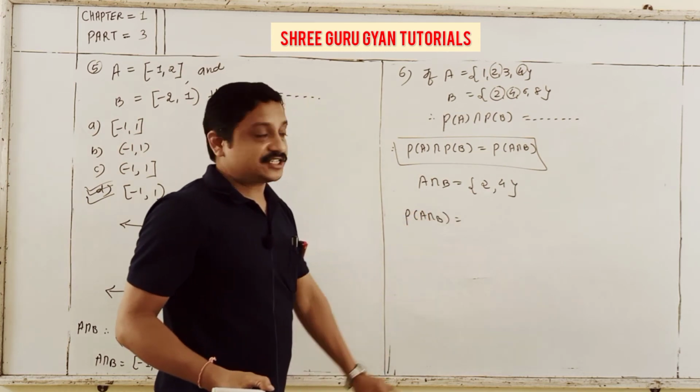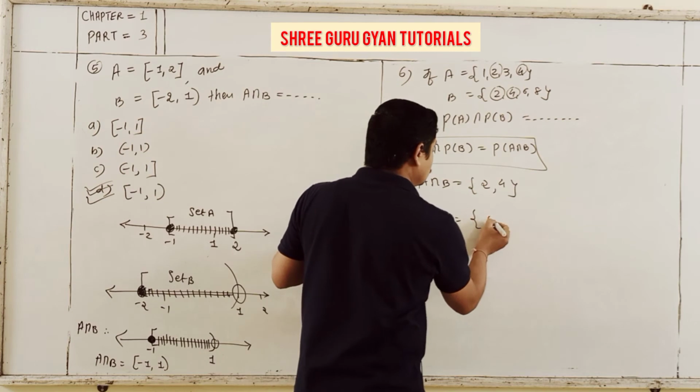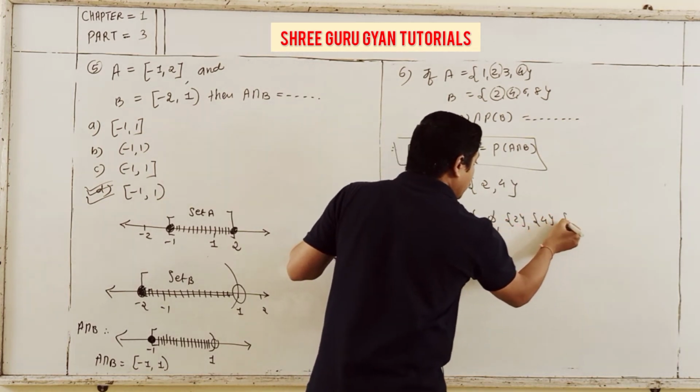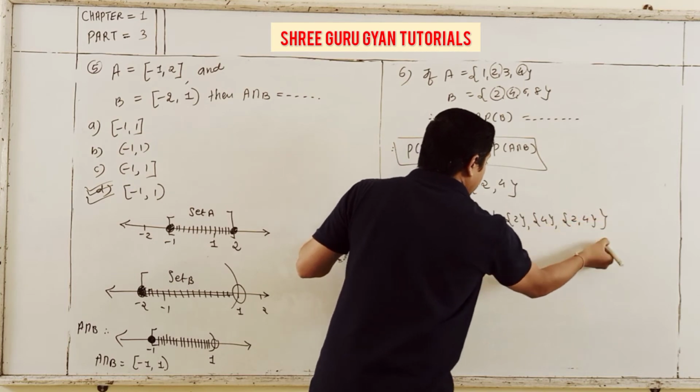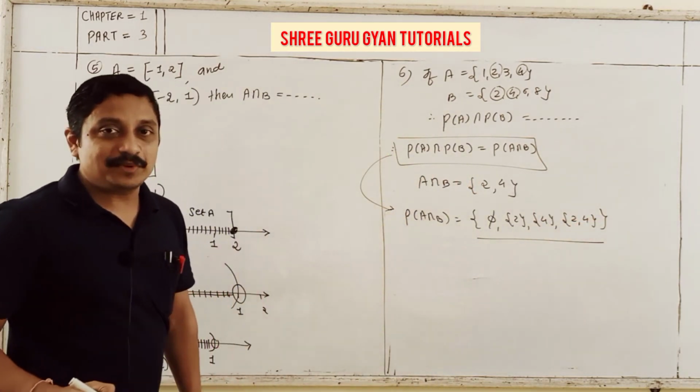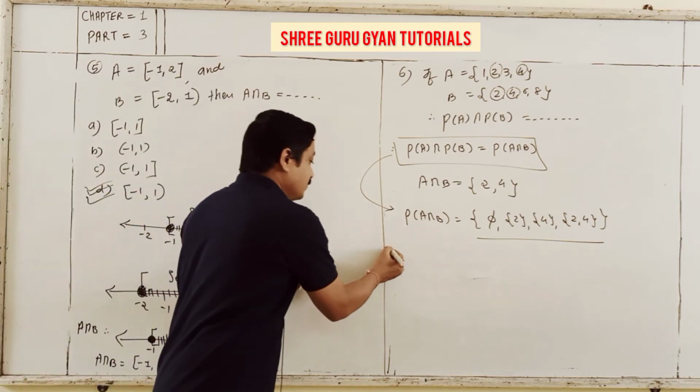Power set of A intersection B means here the null set, the set of 2, the set of 4 and the set of 2, 4. That's your answer for the question asking P of A intersection P of B.